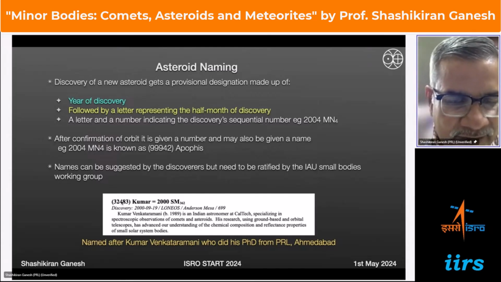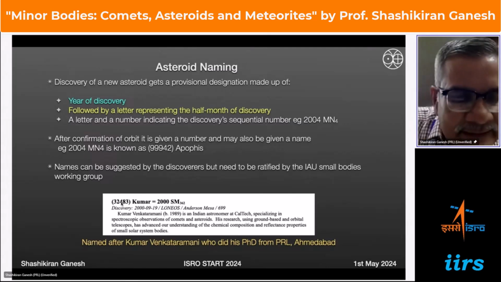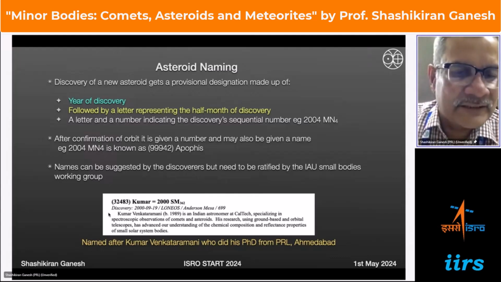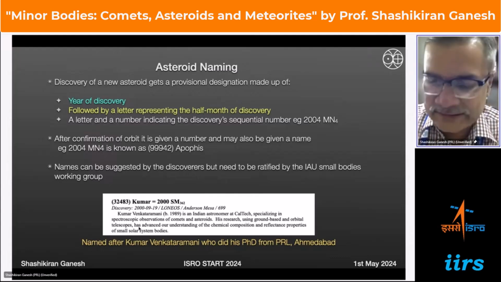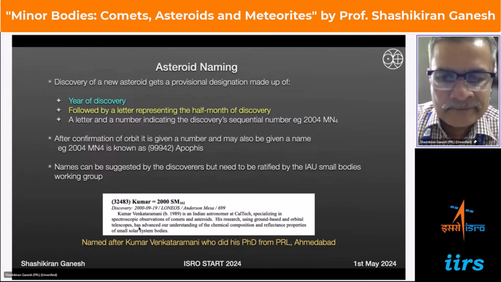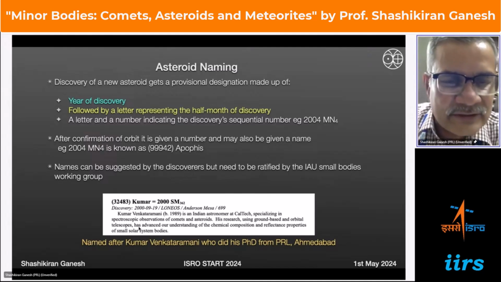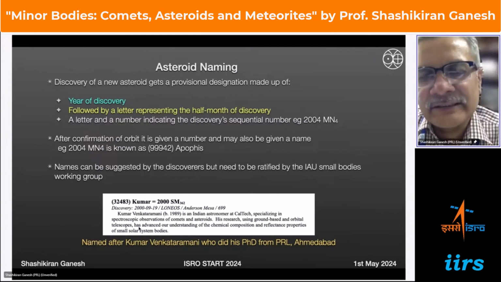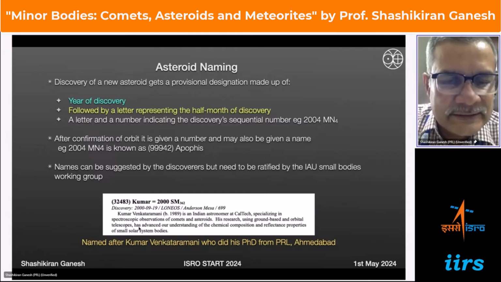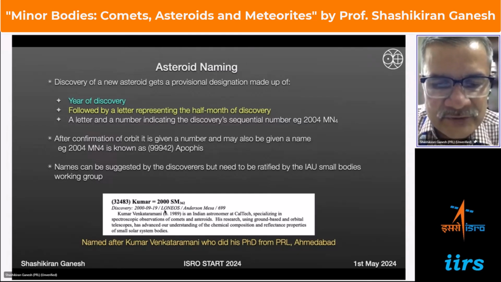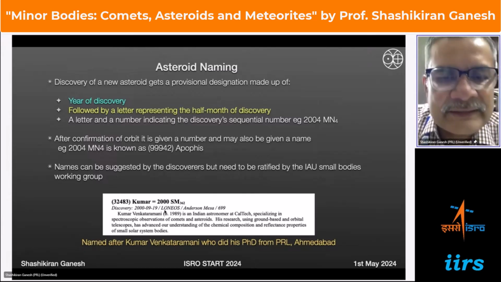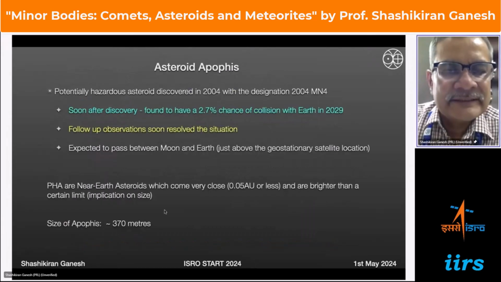This asteroid was earlier known as 2000 SM whatever, and it's numbered like this, 32483. That's the asteroid number since it's known. Now, around 27,000 or 28,000 asteroids have names given to them based on the proposals which have been accepted so far. So that's how asteroids are named.